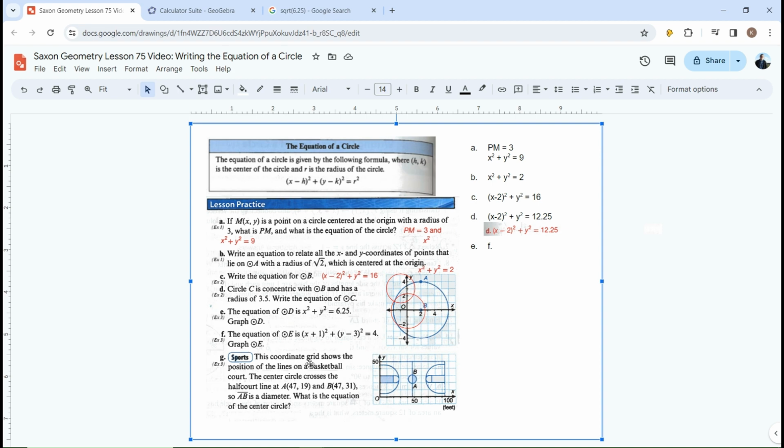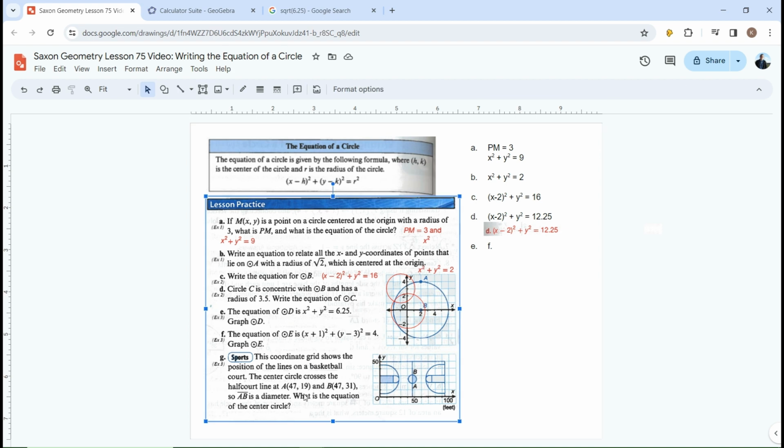Letter G. This coordinate grid shows the position of the lines of a basketball court. The center circle crosses the half court line at A. Point A is 47, 19, point B is 47, 31, okay? So AB is a diameter. Now, the question we need to ask ourselves is what is the length of the diameter?